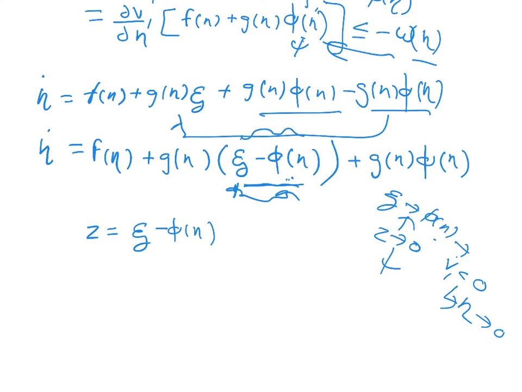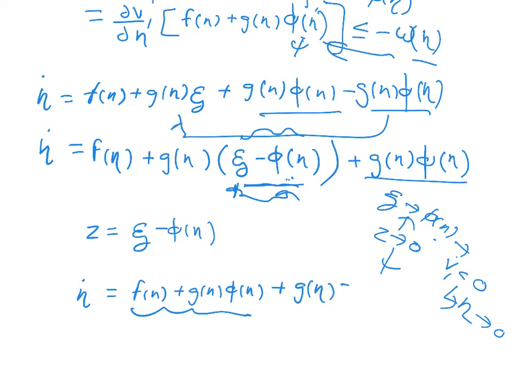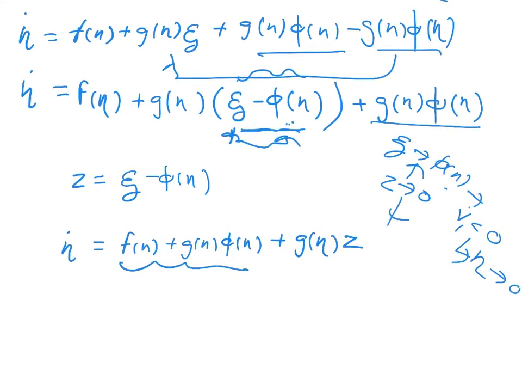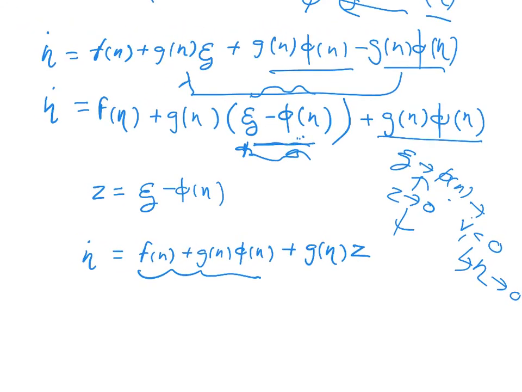So now we can rewrite our equations. Eta dot equals f of n plus gn phi n. This is the original term, right? This is our original function, plus g eta into z, right? So we have added this additional term here, and then if you see what is my z dot, if I have to compute my z dot now, z dot will be zeta dot, right?